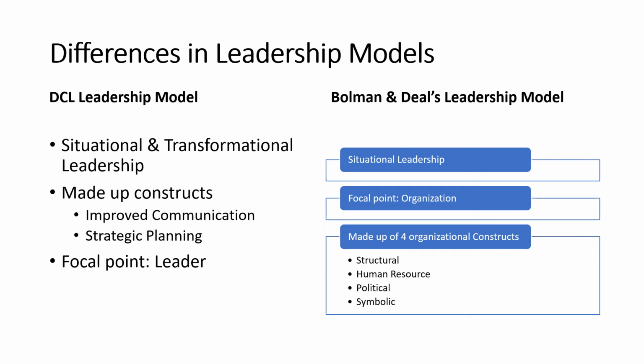Being transformational, for instance, leaders are more open to creating a team that is able to produce their own ideas. It is also made of constructs such as improved communication and strategic planning, and its focal point is on the leader, meaning the leader will influence the organization and will be the role model.